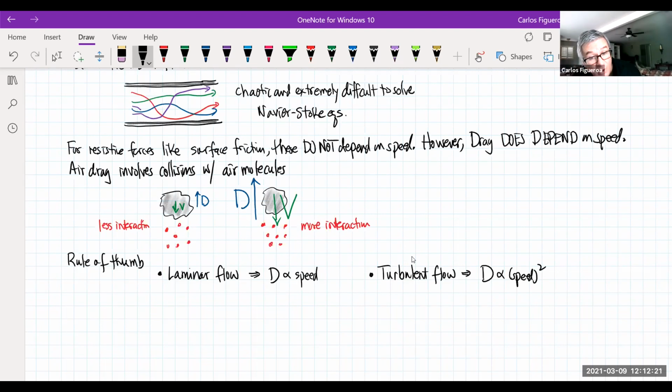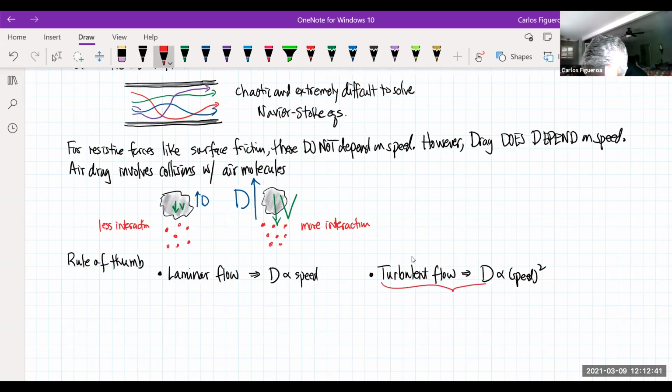Let me say this clearly. You could have a combination of laminar flow and turbulent flow, so then it's a combination, a polynomial. It's more complicated like this, so we're talking about a really idealized situation.